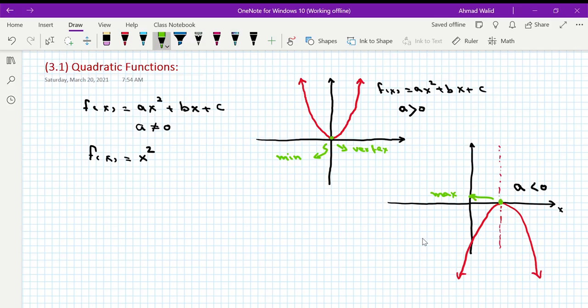Correct? One more thing. You see in this function, I drew a dashed line which passes through the vertex. We call this dashed line the axis of symmetry.